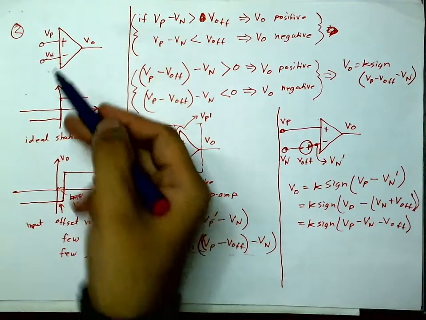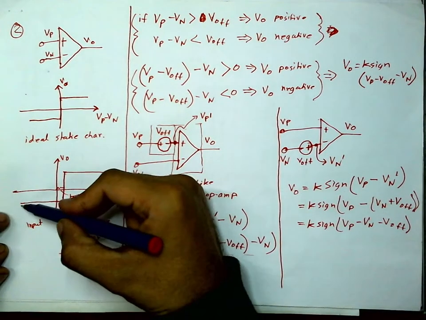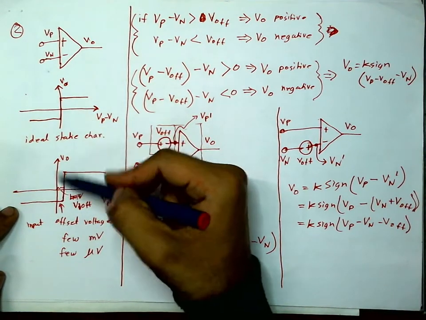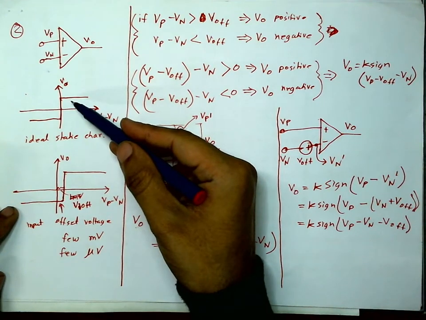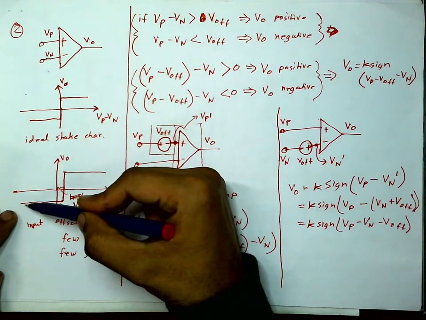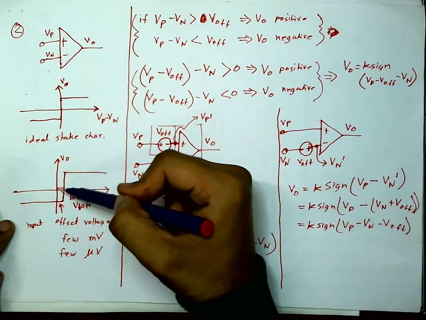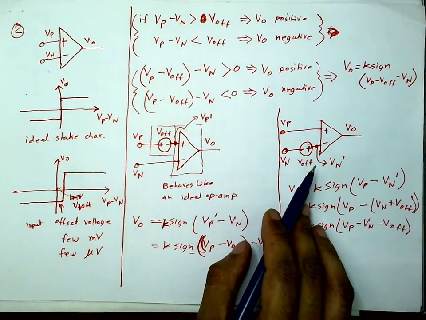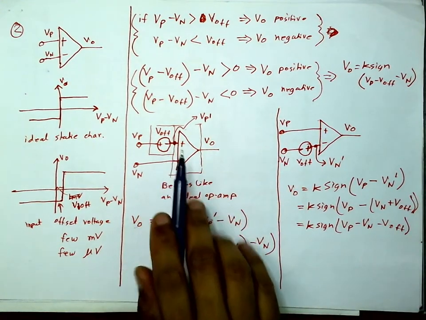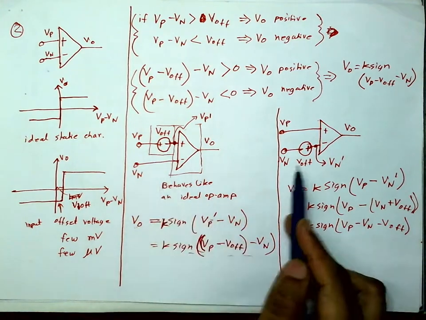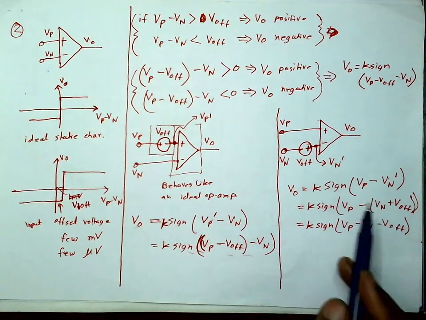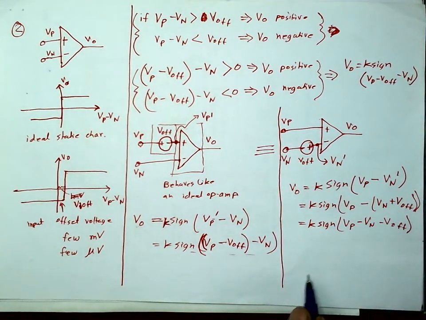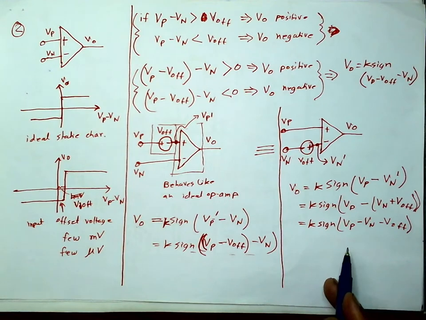So you can model the fact that the static characteristic of a practical op amp is not like this but like this. This is an ideal op amp, this is a practical op amp which has an offset in its static characteristic here. This can be modeled by an additional source in the input terminal, either in Vp or in Vn. You can model it accordingly. Both are equivalent. So this way one can model this.